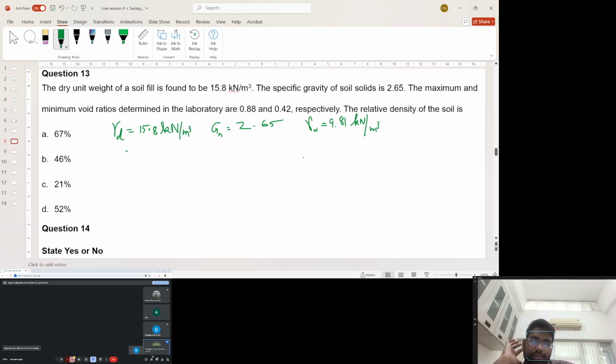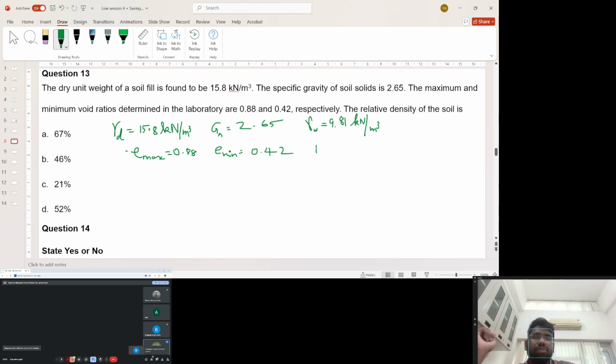So gamma W is 9.81, and the other values we have are e max, 0.88, and e min, 0.42.